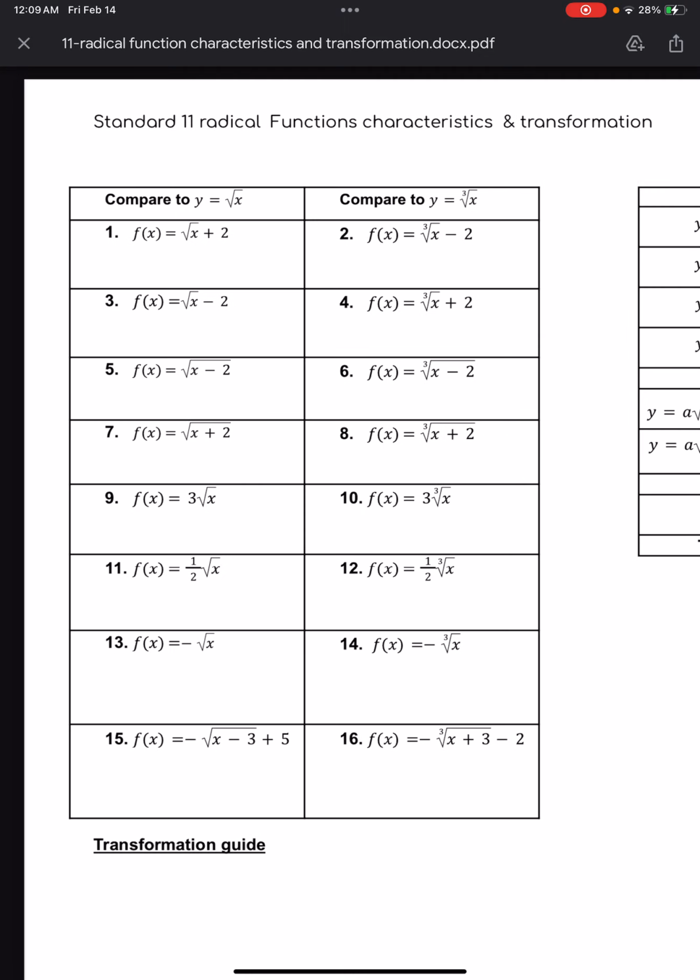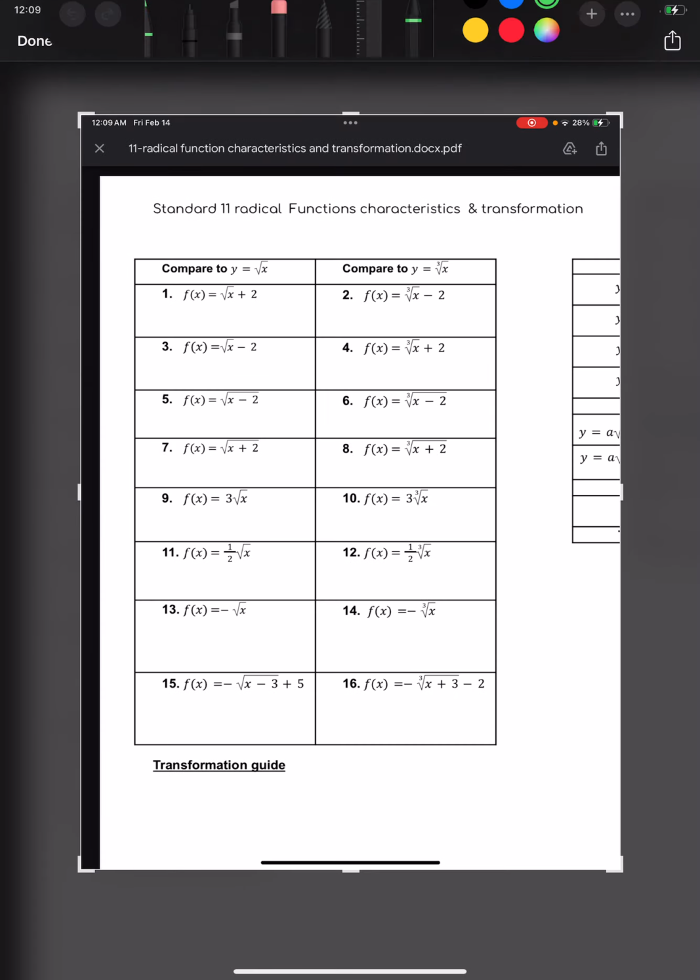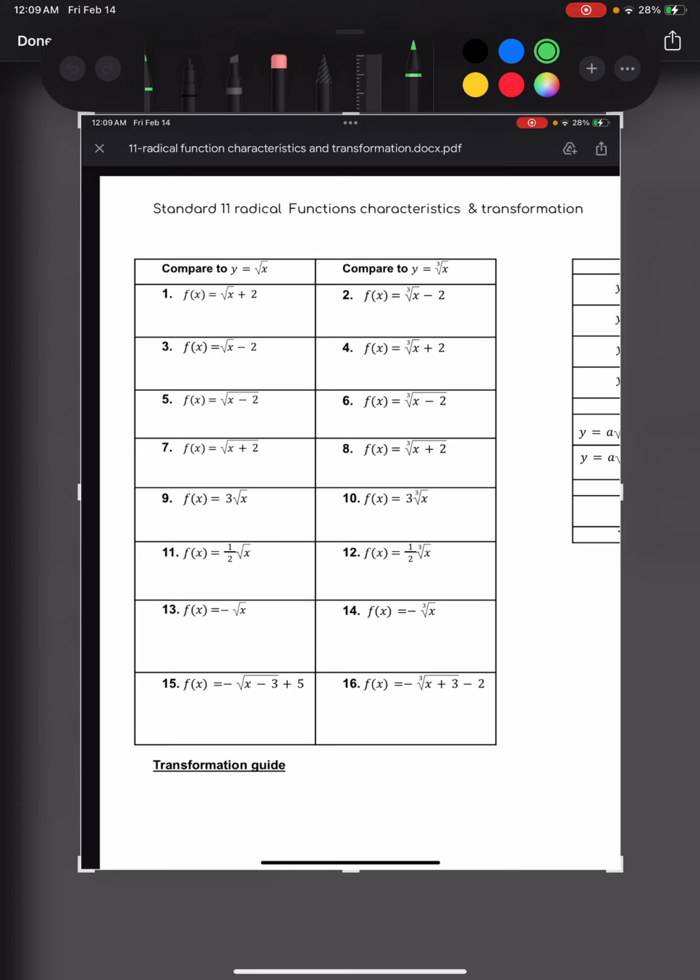You're going to write down your endpoint. It's 0, 2, and because the original endpoint is 0, 0, the transformation here is up 2.